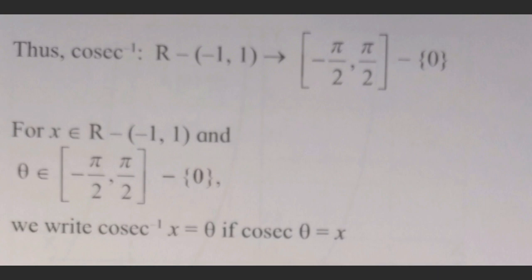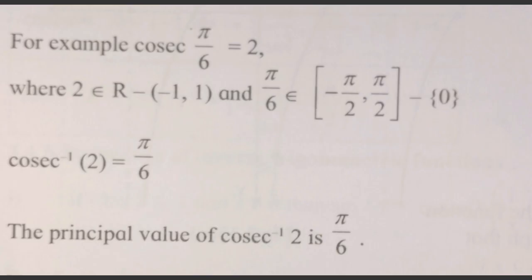Therefore, if cosec theta equal to x, then we can write cosec inverse of x equal to theta. Now let us see one example of finding principal value of cosec inverse x.